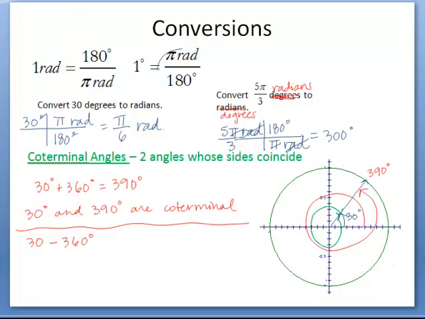So if we say 30 degrees minus 360 degrees, that will give us negative 330 degrees. That again is coterminal with 30 degrees. So 30 degrees, 390 degrees, and negative 330 degrees are all coterminal.